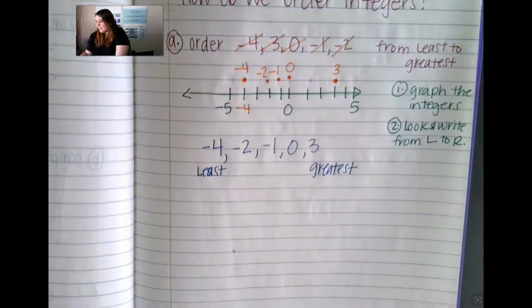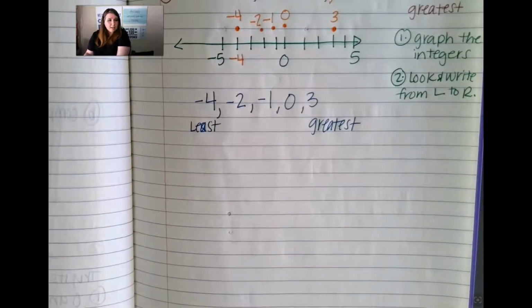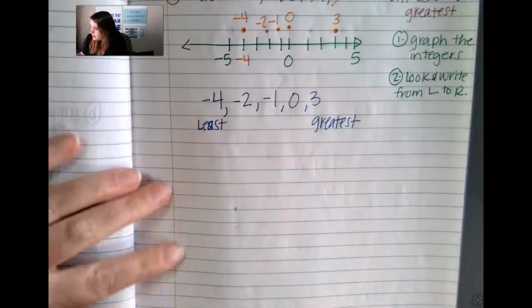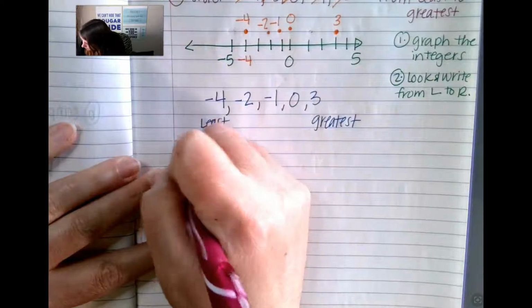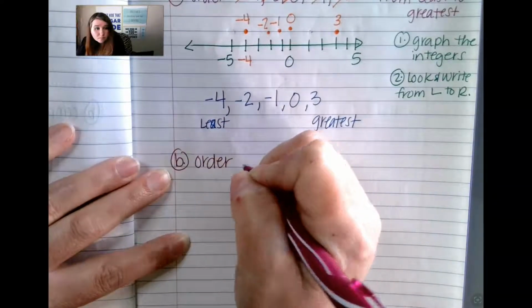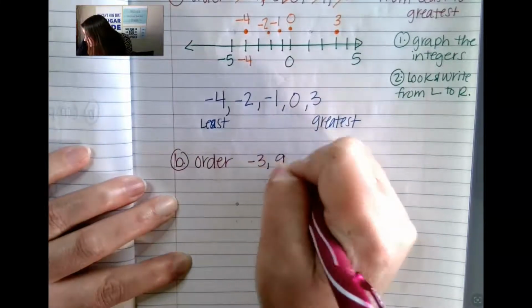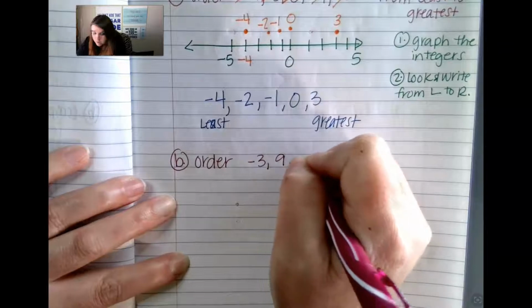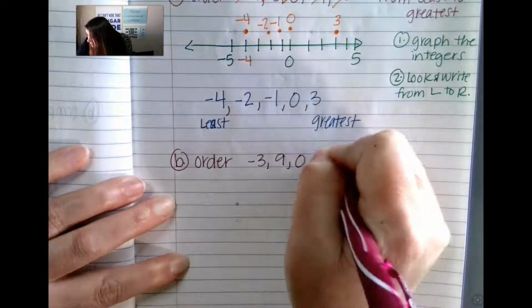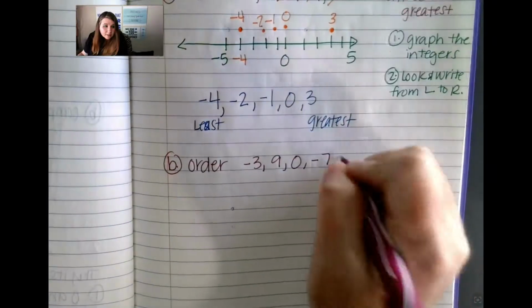All right, my next example. The next example says to order -3, 9, 0, -7, and 1.